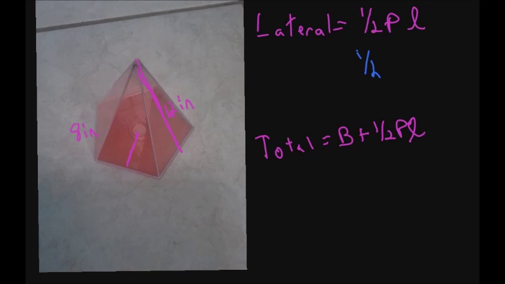It's going to be 8 times 5, which is 40, times our lateral height, which is 12. Half of 40 is 20, times 12, gives us 240 inches squared.